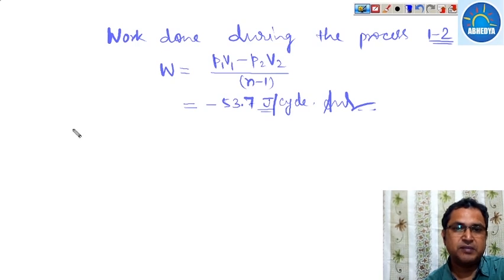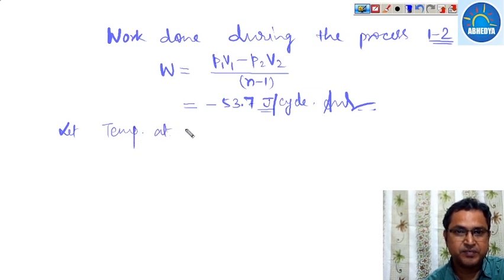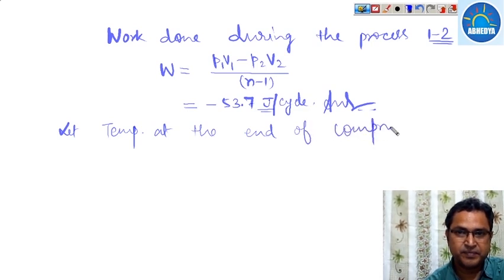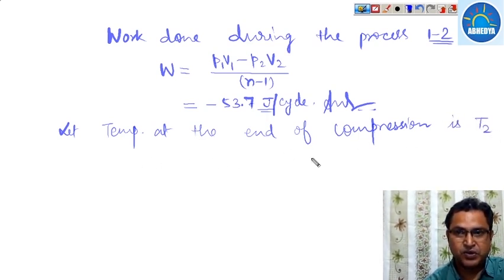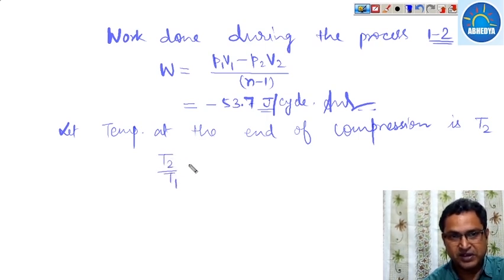Also for finding the temperature at the end of compression, let the temperature at the end of compression be T2, which can be given as T2 upon T1 is equal to P2 upon P1 raised to the power n minus 1 upon n.